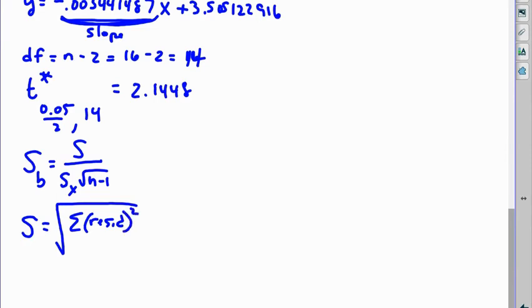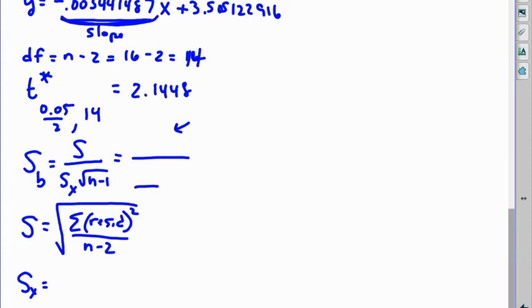You actually need to find the sum of your residuals, each of them squared, divide that by n minus 2, and then take the square root of that. If we could get that value, we would have the numerator for our standard error of our slope equation.